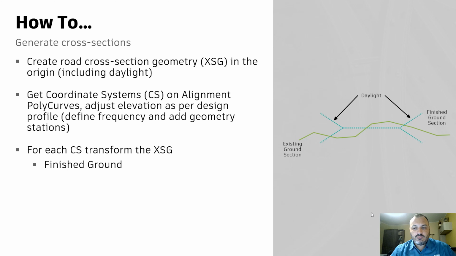So the way that you could build this cross section depends on the frequency that you decide to sample the alignment, and so this frequency, or if you will, the distance along the alignment, is another key factor that is going to impact the performance. So you need to be careful, especially when you're just setting up the design. You need to keep it very loose.